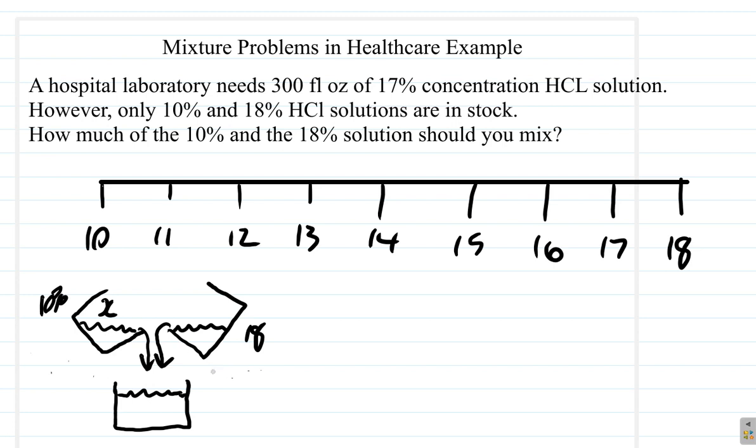Right? No, to bring it up to 17%, you're going to need more of the 18% and less of the 10%. Right? You need a lot more of the 18% because the concentration is closer to the 18.